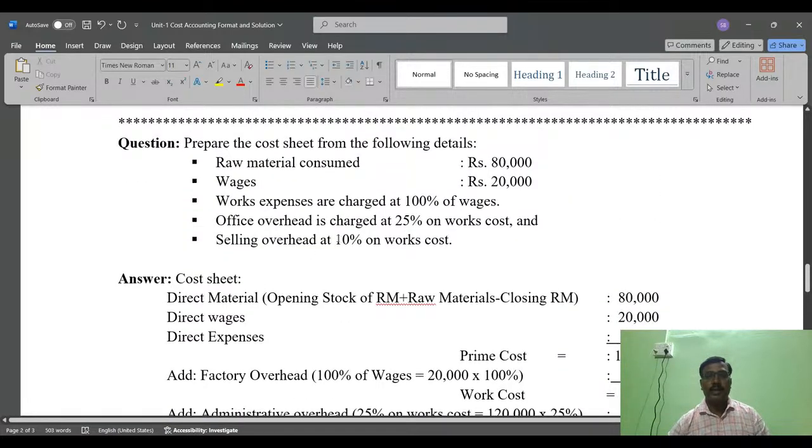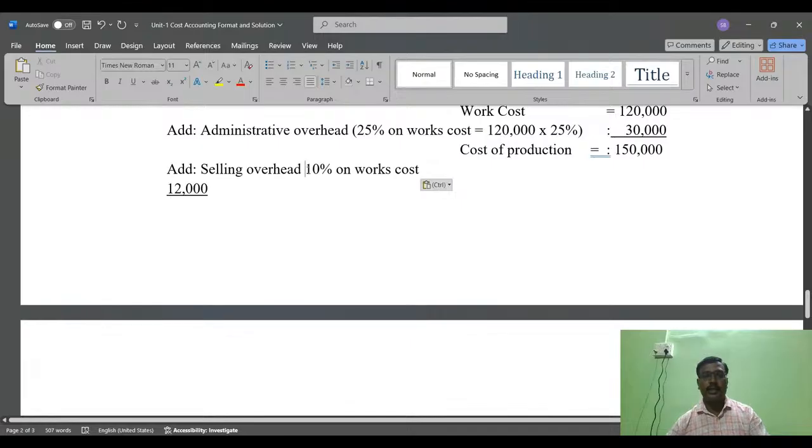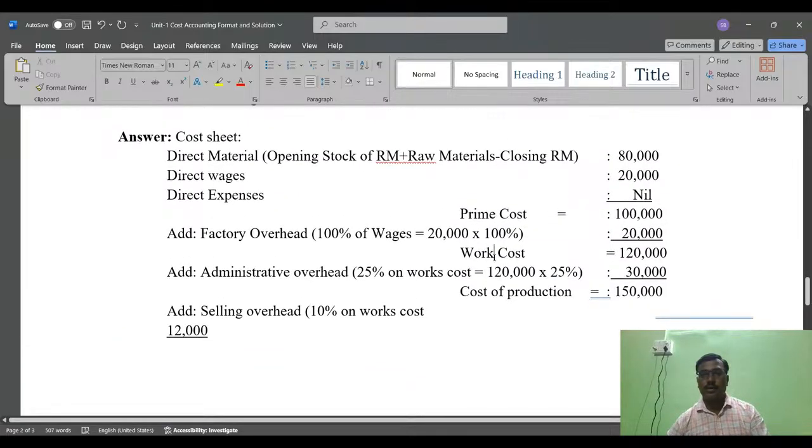At the end, what they have given? 10% of work cost as a selling overhead. So selling overhead, write it here, 10 percentage of work cost. What is the amount of work cost? 1,20,000.